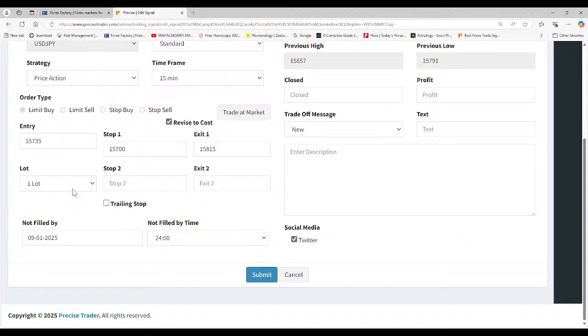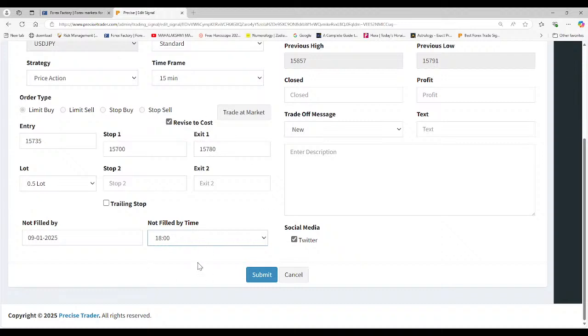Change it to half lot, and the stop remains the same, and TP 157.80, and the expiry is only until this time belt.